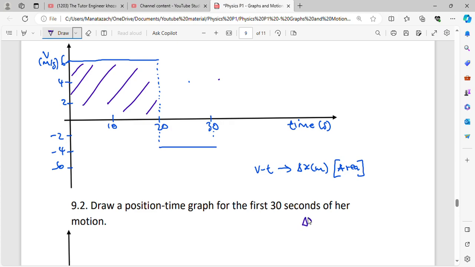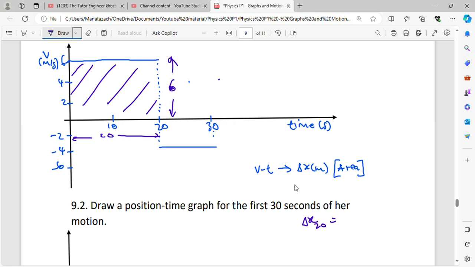We'll say the displacement at 20 seconds is going to be, since that is a rectangle, you'll notice that the base for our rectangle is 20 seconds, and then the height is 6 meters per second.